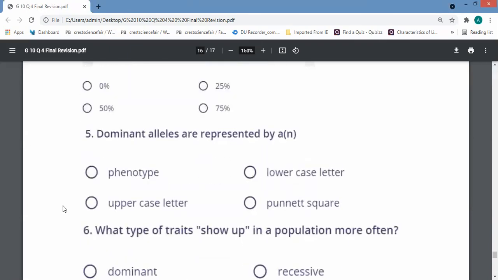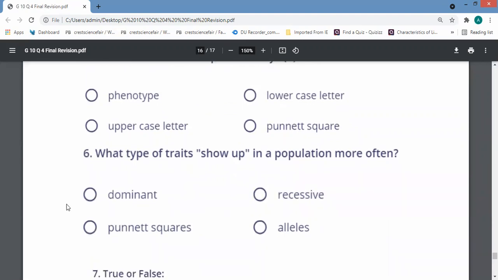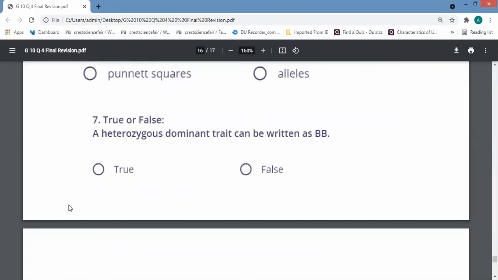Excellent. Dominant alleles are represented by uppercase letters, yes. Number 6, what type of traits show up in a population more often? Dominant. True or false, a heterozygous dominant trait can be written as P capital, P capital.